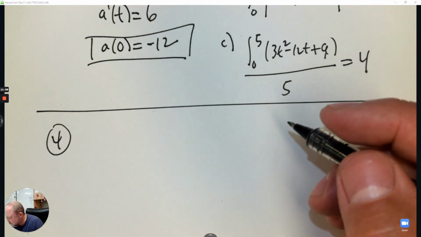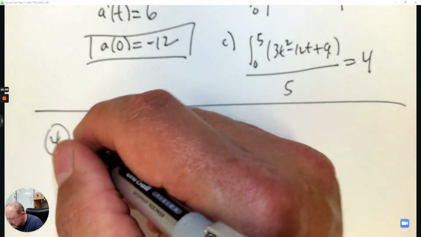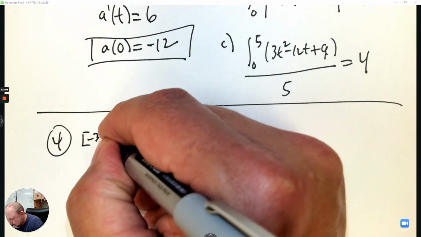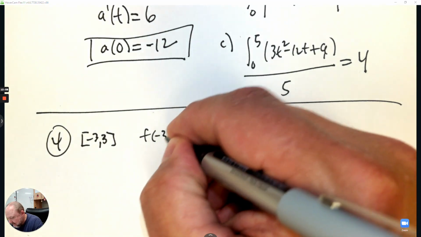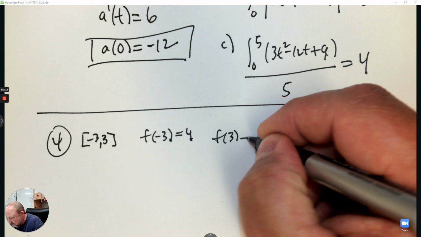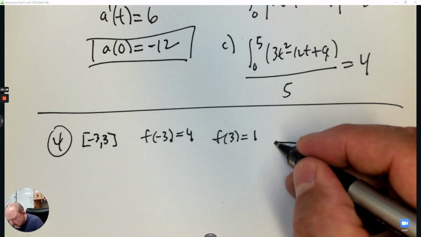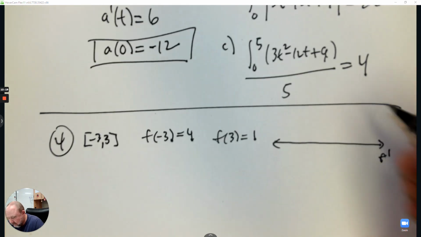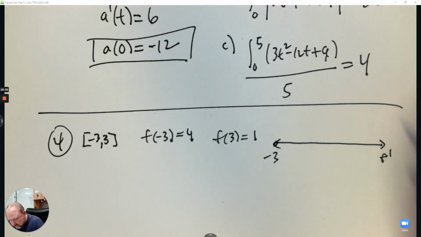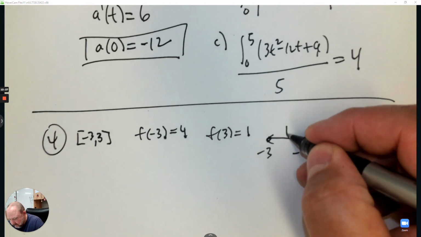In number 4, a function f is continuous and closed on the interval from negative 3 to 3. It says f at negative 3 equals 4, and f at 3 equals 1. And then it basically gives you number lines for the first and second derivative. From negative 3 to negative 1, it says it's positive.